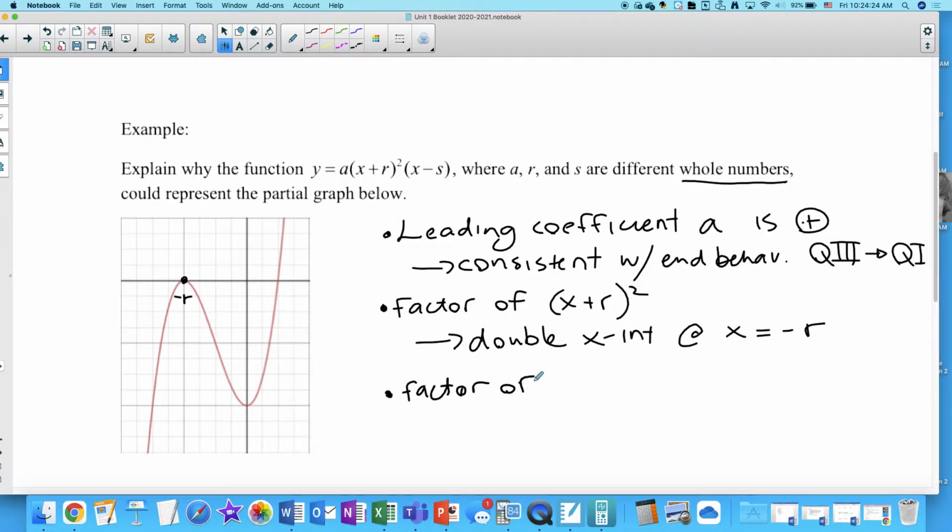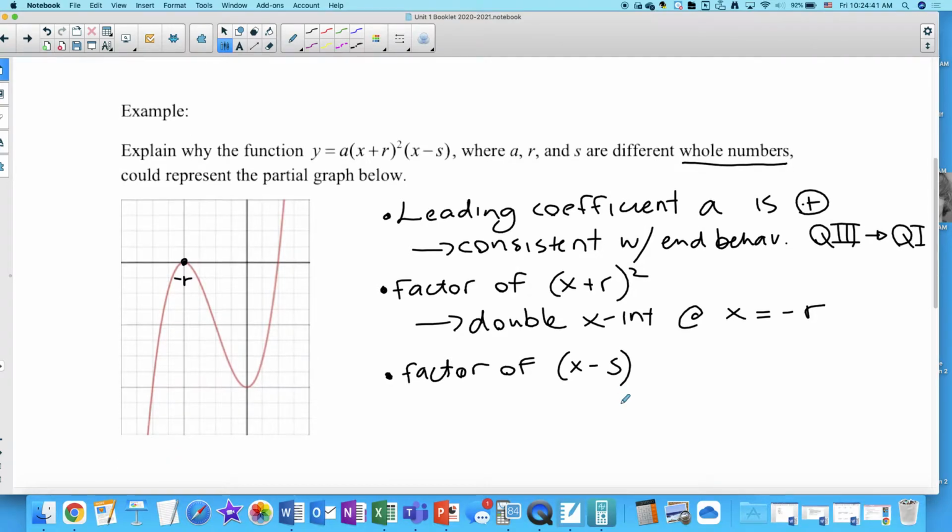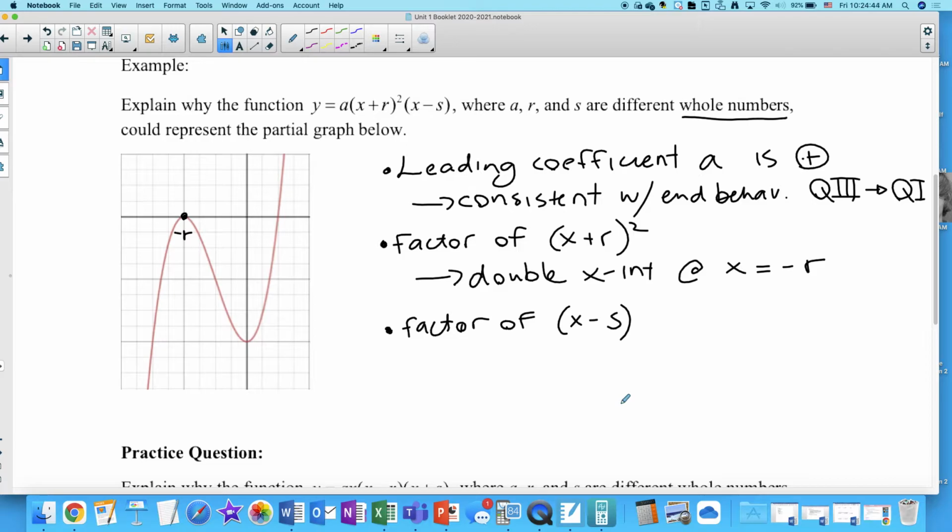What does that tell us? Yes. That there's going to be a positive x-intercept as well. Right. So there's also an x-intercept at x equals s, and that's positive right there.